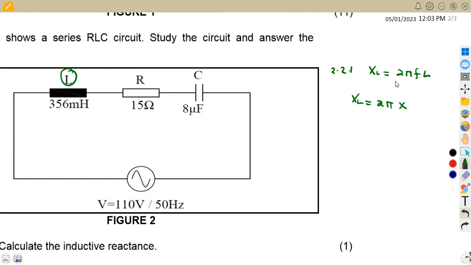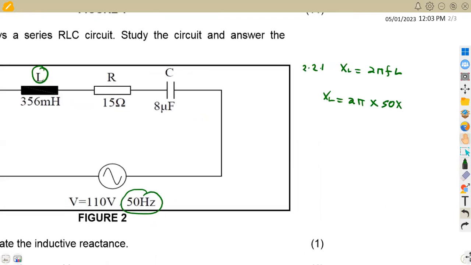That's 2 pi times the frequency, where we are given the frequency in this case of 50 hertz, times the inductance, where the inductance L is given as 356 millihenries, that is times 10 to the exponent of -3. That's millihenries. So we can have our XL in this case. So XL is going to be 111.840698, which is going to be 111.84 ohms.